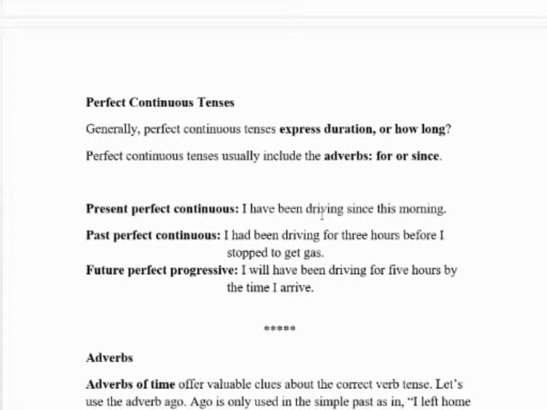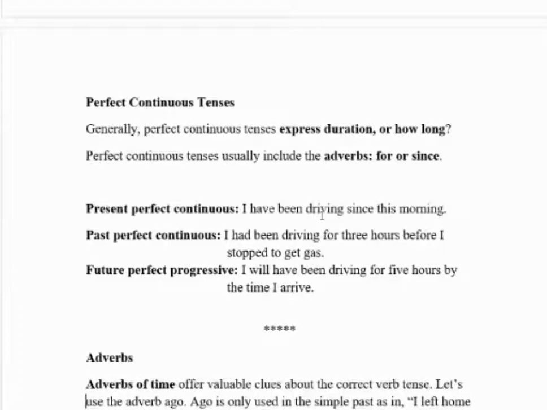On the exam, you might be asked about the adverbs that are used with perfect continuous. So keep these in mind when you read for the exam. Pay attention to the adverbs and to the details that I put in bold.